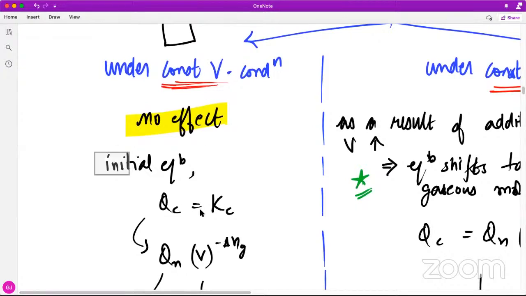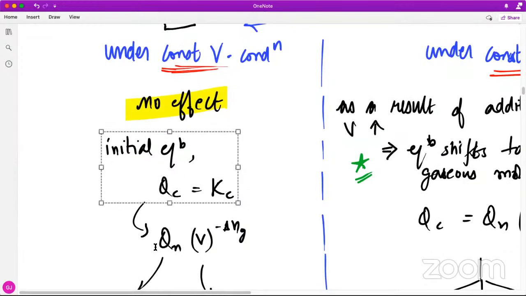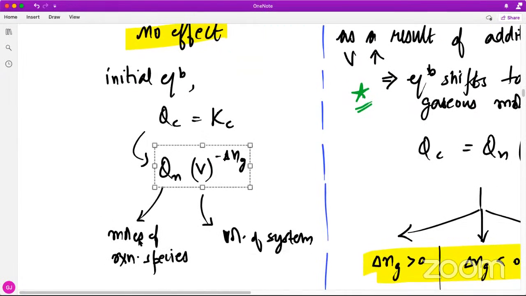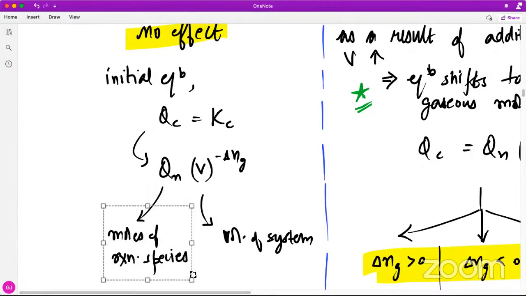At initial equilibrium, QC is equal to Kc, and you can write QC as Qn into V raised to the power of minus delta Ng. Now you have added inert gas, so will the moles of reaction species be impacted? No, because the inert species is not reacting with anything, so the moles of reaction species remain as they were.